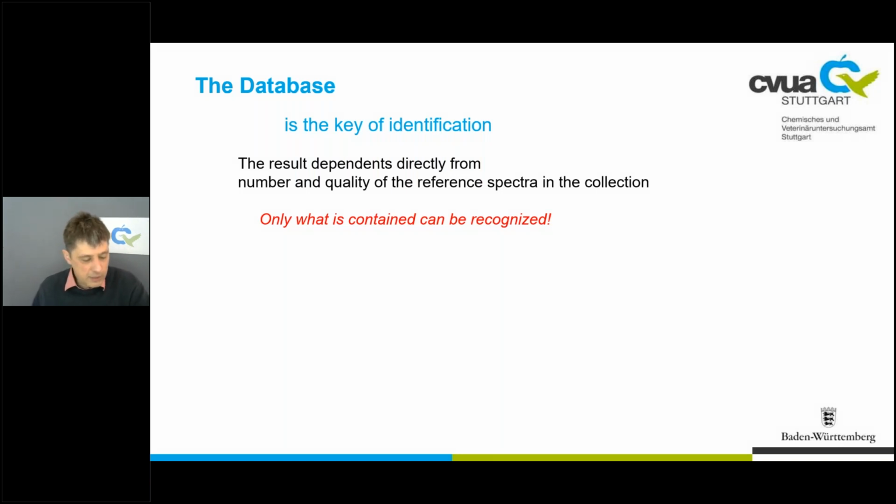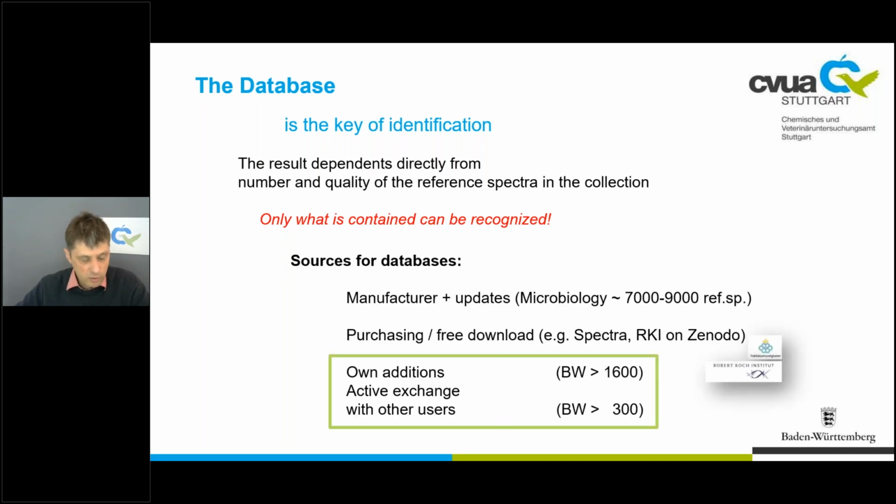For any application, the database is the key. Sources of databases are the manufacturer or other commercial companies. Also, several free downloads can be found. For us, the main source is our own activity and the exchange with other MALDI users.